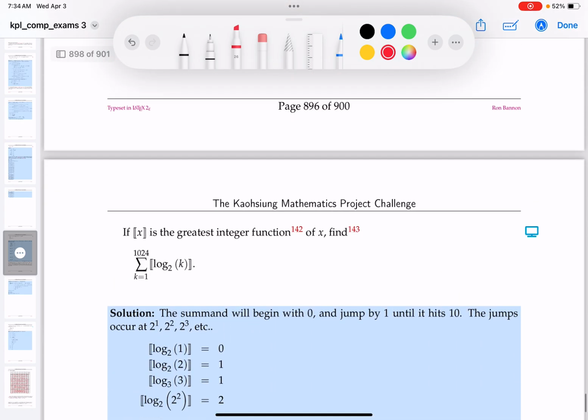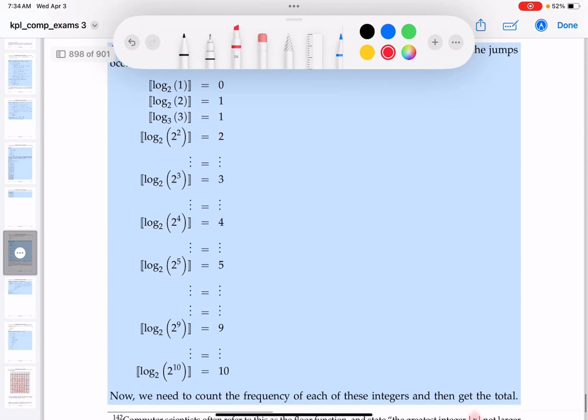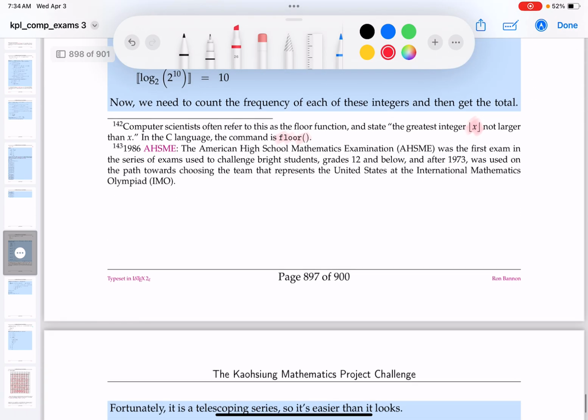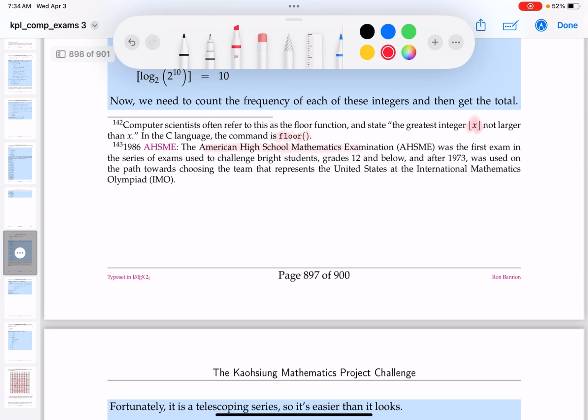There's another footnote over there, 143. And 143 says this is from the American High School Mathematics Examination. My understanding is they were once given massively to high school students that showed promise in mathematics. At some schools a large number of students were taking this exam, by the way.